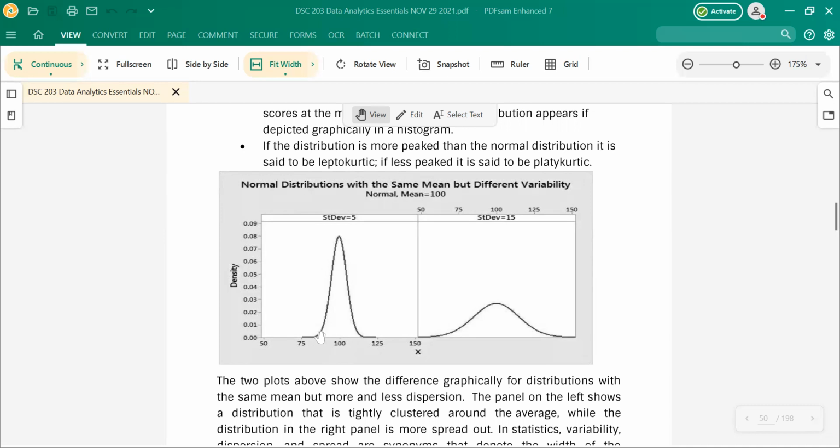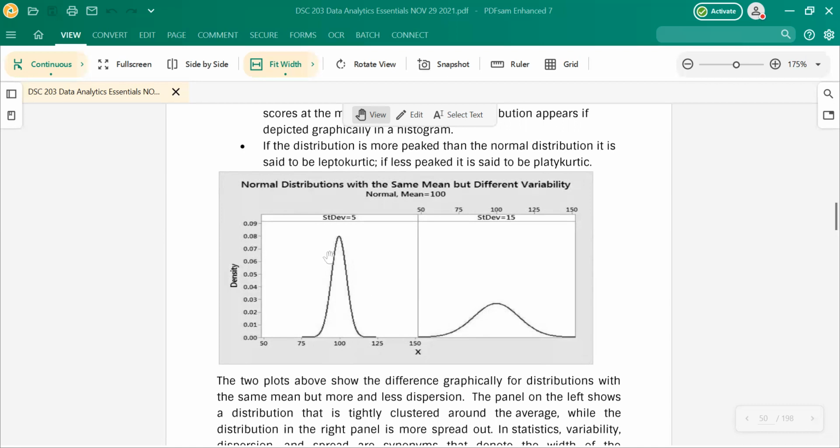Yes, it is 100. And what is the mean of this? How do you know? Yes, 100 is written here, exactly below 100. So the mean of both processes is 100. Mean, median, mode, normal graph, right? So the mean, median, mode of both processes is 100.